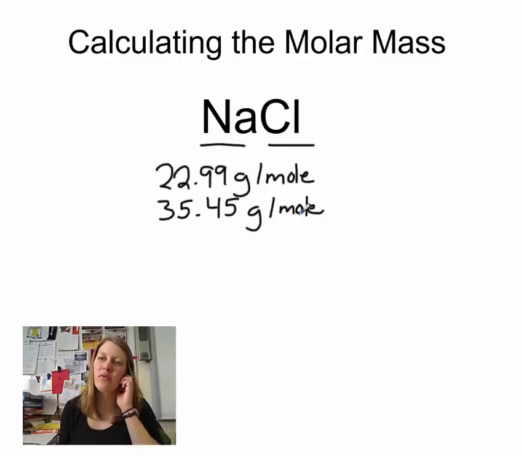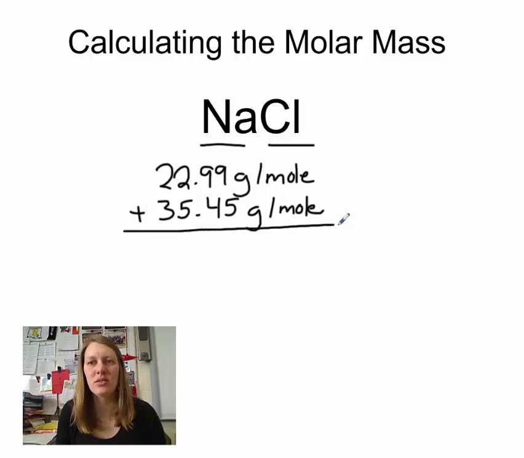Now since we only have 1 atom for each sodium and chlorine, we're going to be able to just add these together to get our total for sodium chloride. You'll notice that they have the same unit, so we don't have to worry about that. So when we go ahead and add these together and use our significant figures, we're going to get 58.44 grams per mole for NaCl.